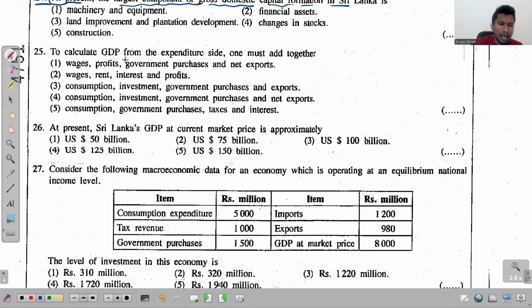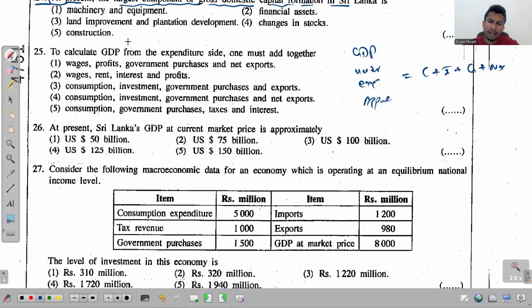To calculate GDP from the expenditure side, one must add together. This is quite easy. So we have GDP under the expenditure approach. Simply, the equation is C plus I plus G plus NX.